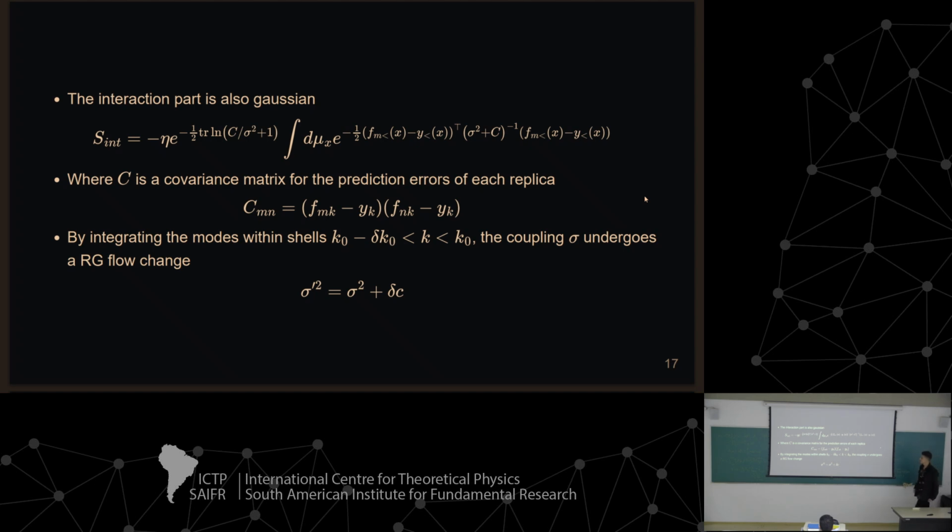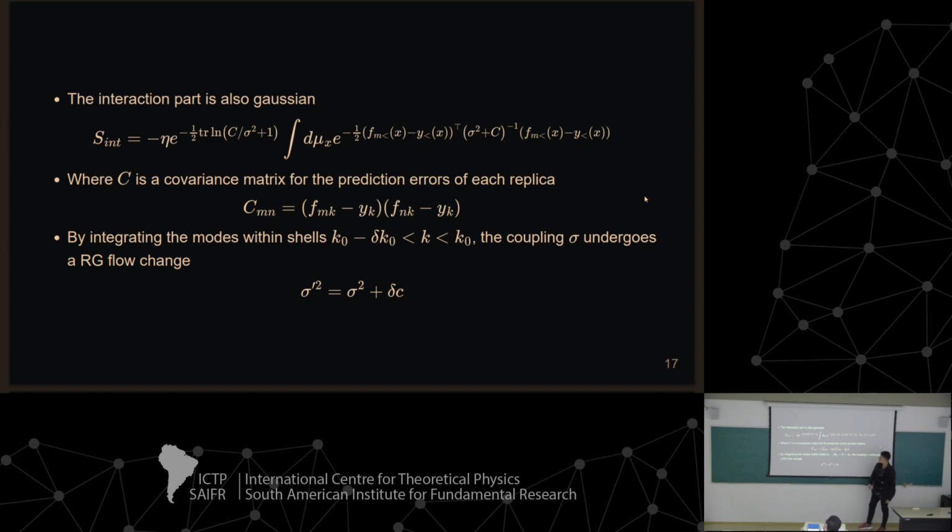This interaction is also Gaussian because we are in the infinite limit of the network. It has this expression, and we can see that in this Gaussian we have a coupling which is proportional to the noise of the data and a correlation matrix between the different replicas that we have of the different neural networks.